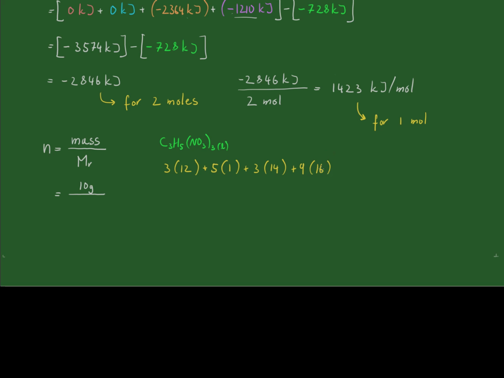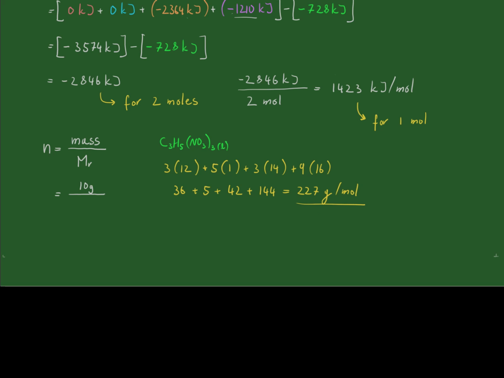So this 16 is the molar mass of oxygen. 3 times 12, 36, plus 5, plus 42, plus 9 times 16, 144. All of that together is 227 grams per mole. Okay, so that is the molar mass, the molecular mass for nitroglycerin.